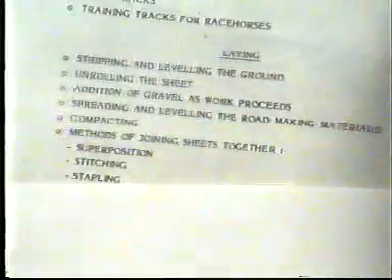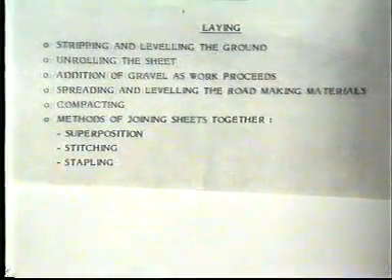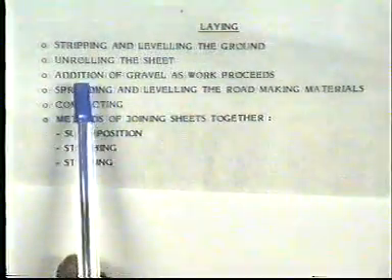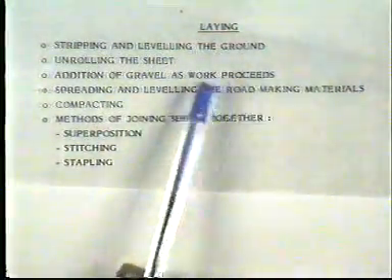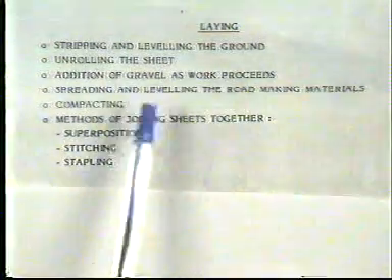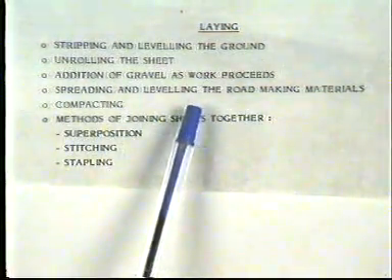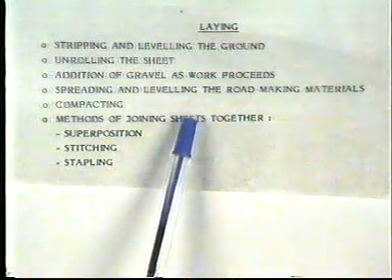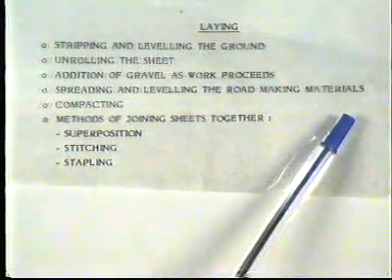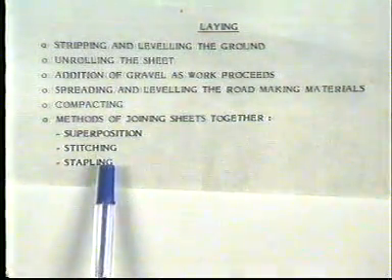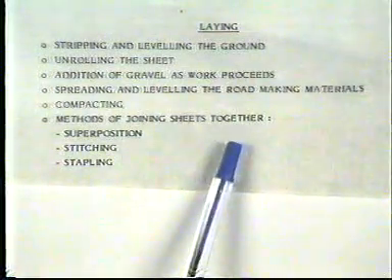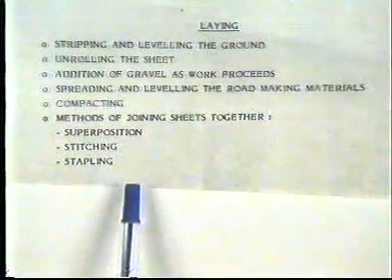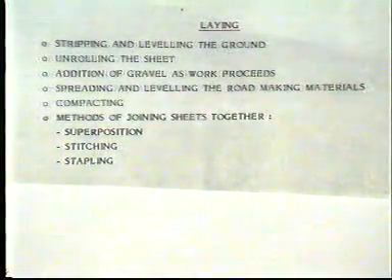The geosynthetic material can also be used as a laying: the stripping and leveling of the ground, unrolling the sheet, addition of gravel as work proceeds, spreading and leveling the road-making materials, compacting, and methods of jointing sheets together, such as superposition, stitching and stapling.